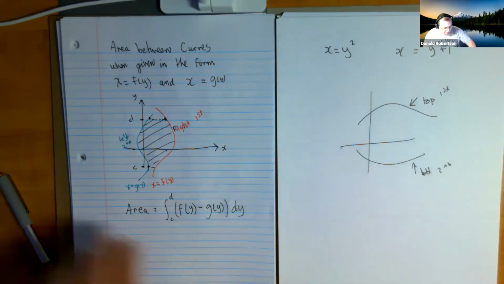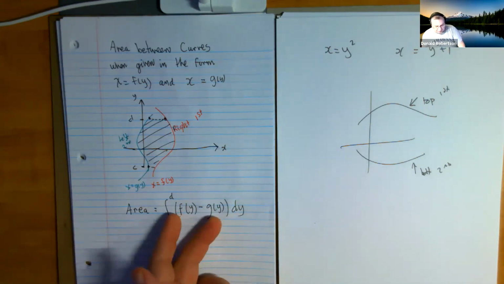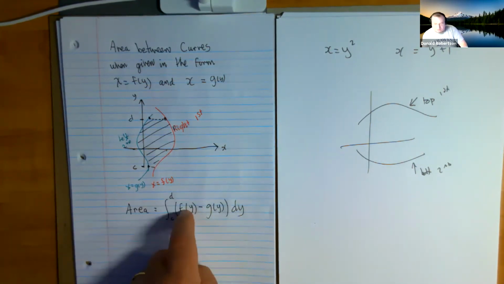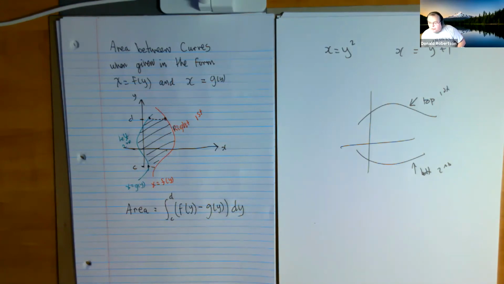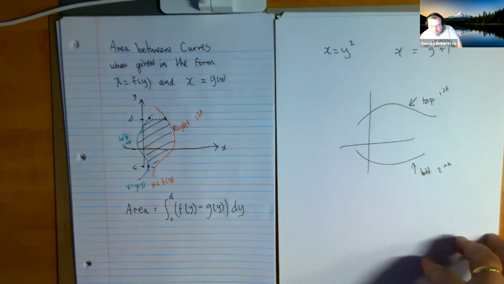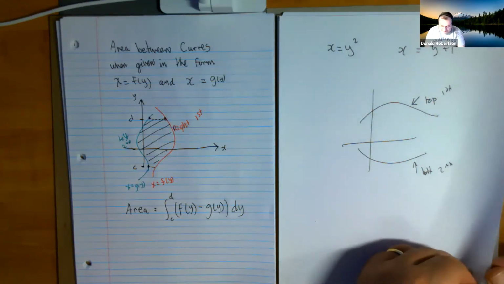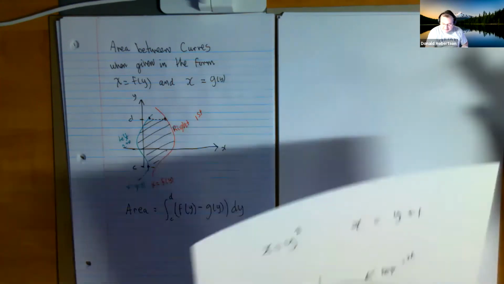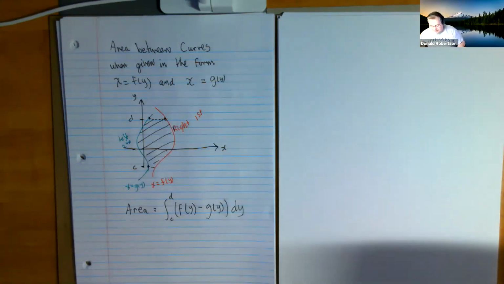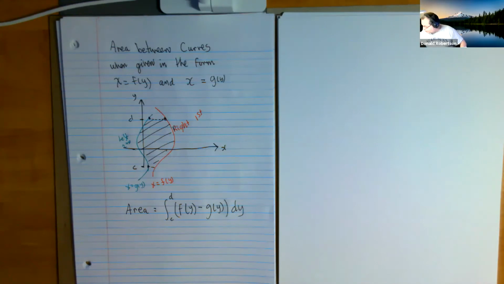If you get it wrong, if you switch these, you'll know that you've done it wrong because your answer will be a negative number. It'll be -10 or something. So if you ever do one of these area between two curves and you get a negative area, you'll say, oh, I may have screwed up in the order, and you'll be able to fix it just by switching them.